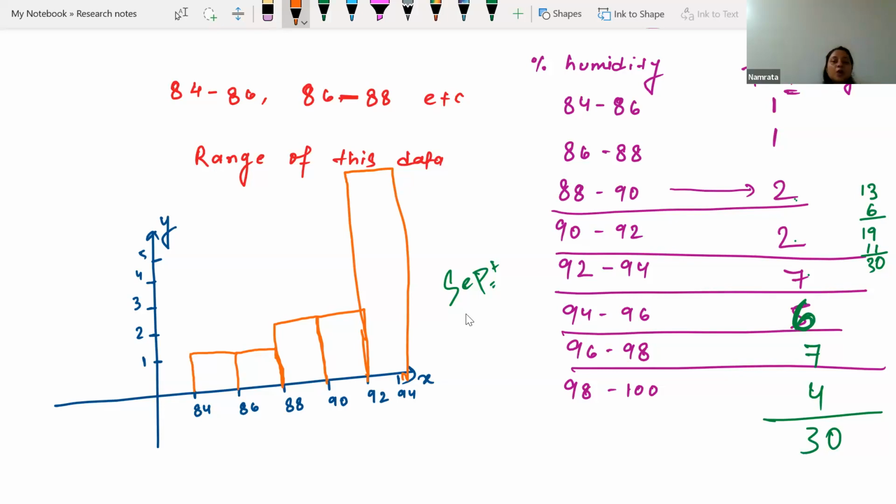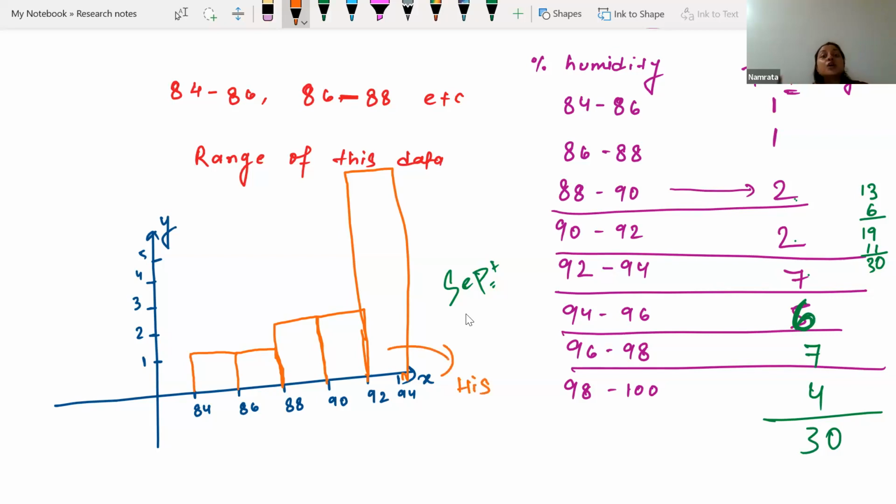Because whenever we plot group data where there is no gap between the first upper class limit and the next interval's lower class limit, and we represent that frequency distribution table in the form of a bar graph, we end up getting a histogram. This figure has its name, histogram.